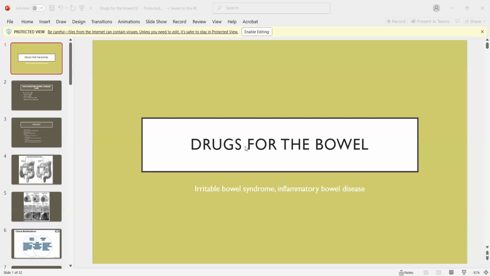Bisacodyl, that's the product Dulcolax. And then a drug called lactulose. Lactulose works really well. So if a patient takes lactulose, tell them to be ready. Because it's going to work.